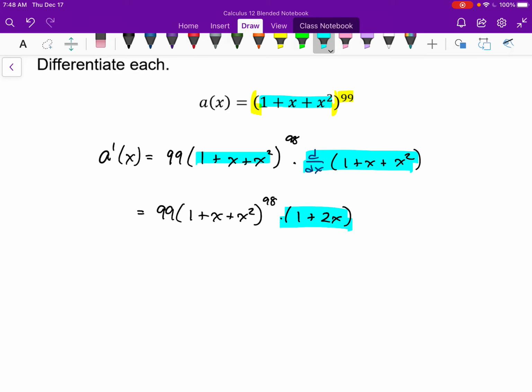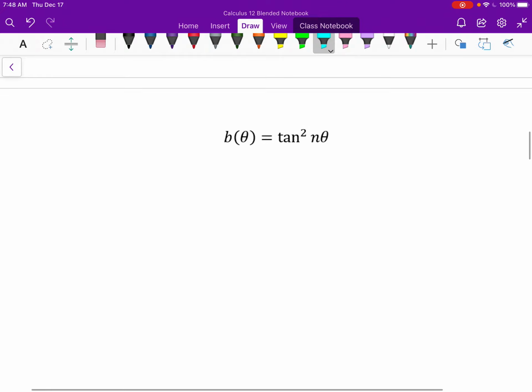And notice I will spend 2 videos on this. So next, I have tan squared of n theta, and I want to differentiate with respect to theta. I know that because I have b of theta here. So what's going on here? Well, one thing that's helpful is to rewrite this to make it really clear as tan of n theta, all to the power of 2.